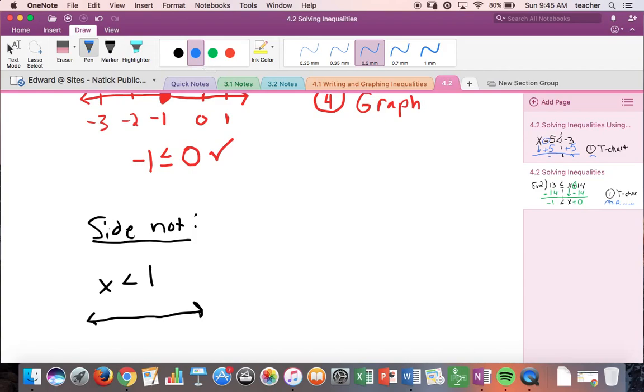So what I mean by that is if I took a dashed line and I made an arrow out of it, this would be pointing to the left side, which means that you can shade. Sorry, I need an open circle here, which means that you can shade to the left. And if you plugged in 0, 0 is less than 1, you know that that's true.